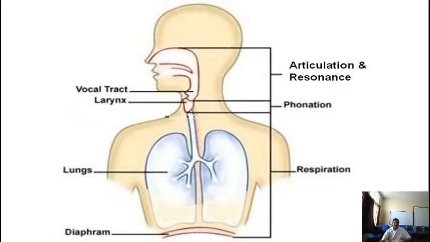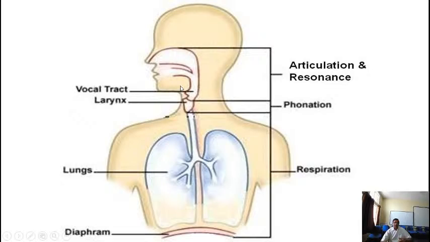Now this is once again the same diagram to tell you that lungs are the ones where the air is filled in initially, and then that is slowly pushed through the glottis, which vibrates the vocal cords, and these vibrations are altered by the resonating chambers, and you have the tongue which articulates and produces various syllables or the speech.